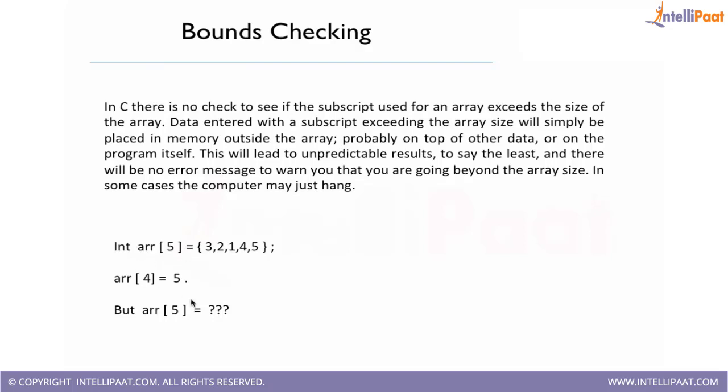It will not give any error, but it will give some wrong or garbage value which is not useful for my program. So before working with an array, make sure you have things in place so that you don't go beyond the size of the array.